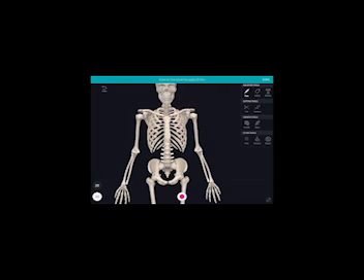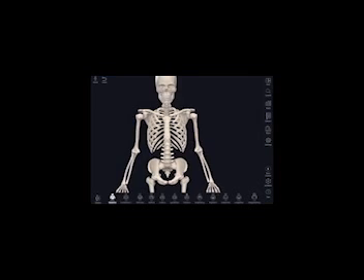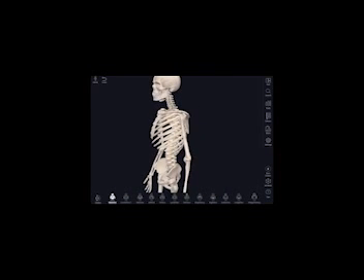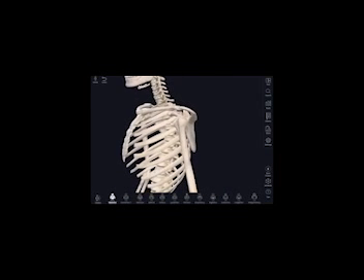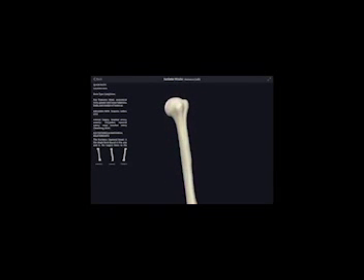Okay, so that was the clavicle. Moving on to the humerus. Let's take a look at the lateral view. There are some important bony landmarks, but first things first, the humerus has a head and a neck.